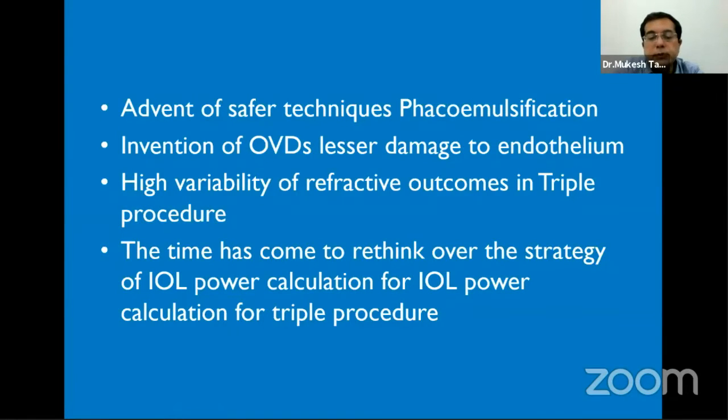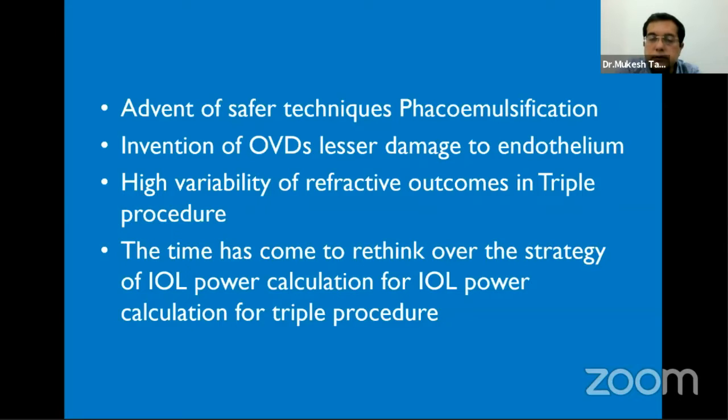So now people are thinking, including myself, that probably triple procedure may not be the procedure of choice in these situations, and people are now thinking about doing preferably a sequential surgery. Earlier, there used to be a major concern about the damage to the endothelium, which one may have after doing a phacoemulsification in an operated penetrating keratoplasty cases.